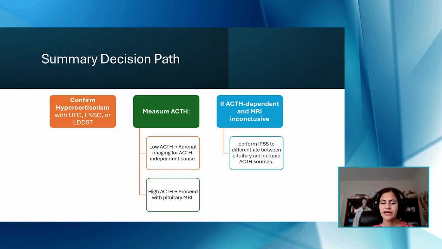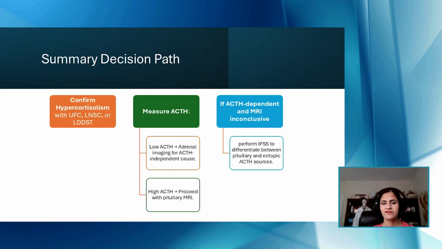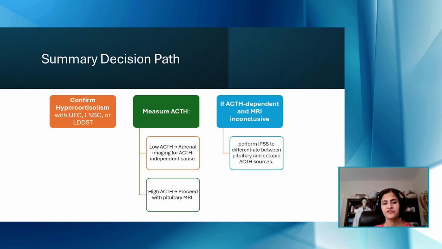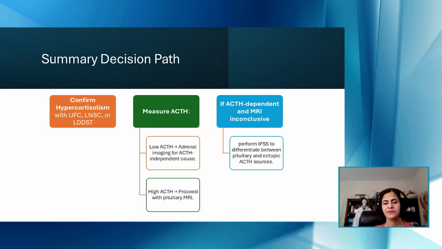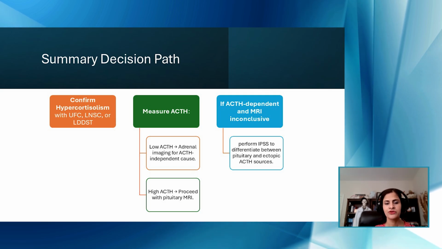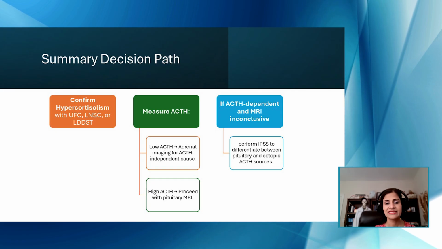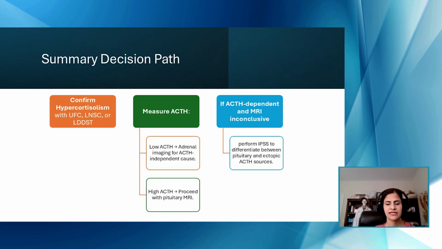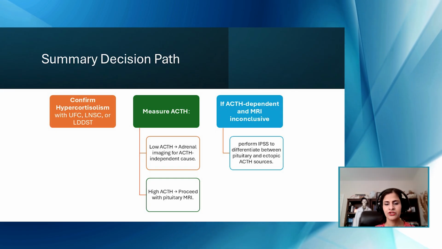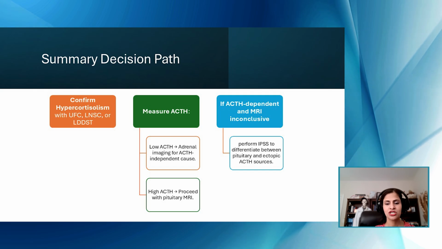So this final slide shows a summary of the decision path, where your first step in Cushing's is to confirm hypercortisolism with urine-free cortisol, late-night saliva cortisol, or low-dose DEX suppression test. Then you want to measure the ACTH to determine whether it's an adrenal or pituitary source.